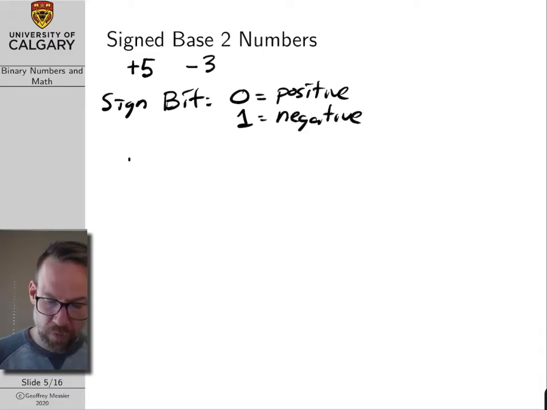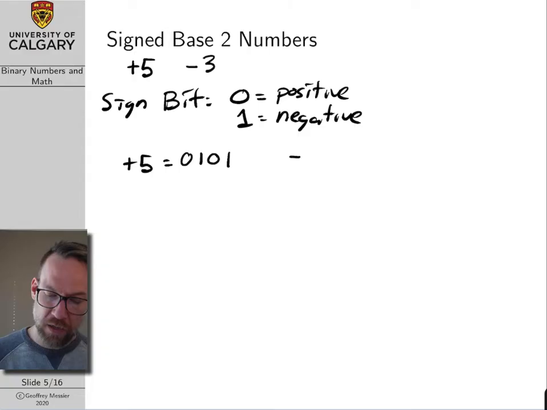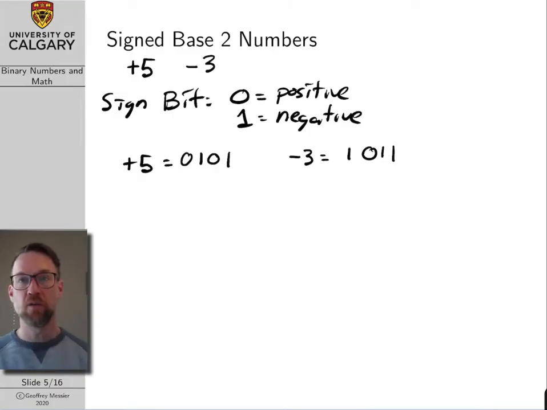And so plus 5 could be written as a magnitude of 101. And then our sign bit could be 0. And negative 3 could be written as a magnitude of 011. And we could add a sign bit of 1.